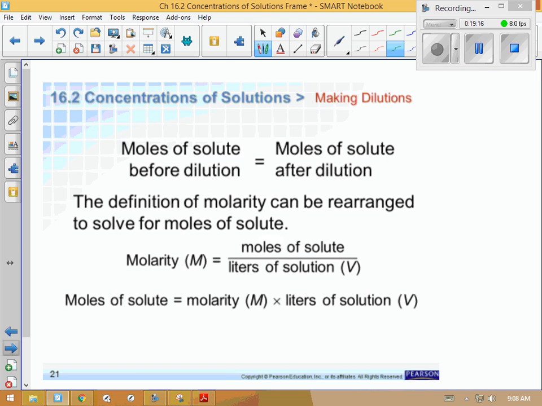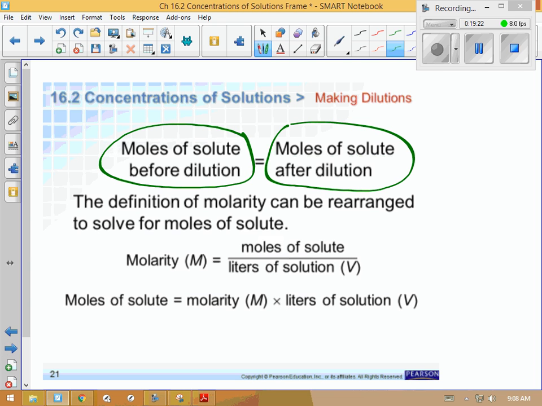Here's the thing. Did the moles of the solute before I diluted change? Did I add solute? All I added was solvent, okay? So the moles of solute before dilution and the moles of solute after dilution are the same. Knowing that, you can rearrange to solve for moles of solute, just like we've been doing, molarity times liters of solution.